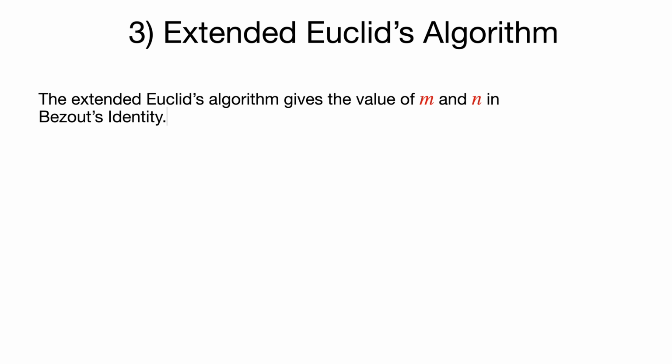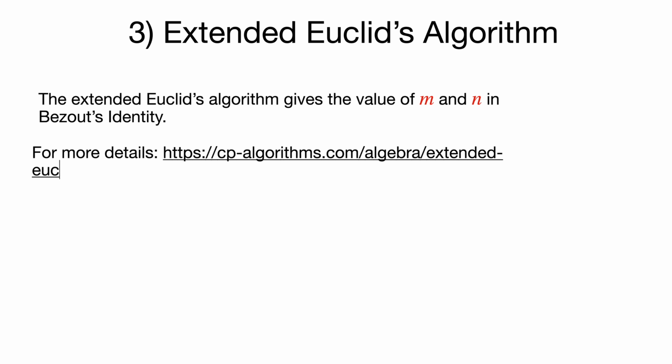This algorithm gives us the exact values of m and n in the Bezout identity. For the full algorithm, I refer you to this link. Here we will only see what this algorithm does. So we see that we get the values of m and n in the Bezout identity.